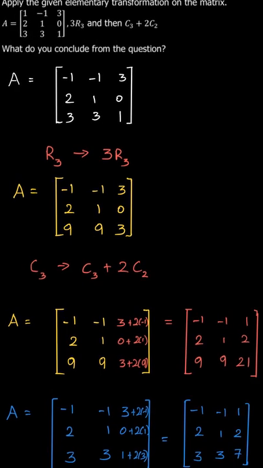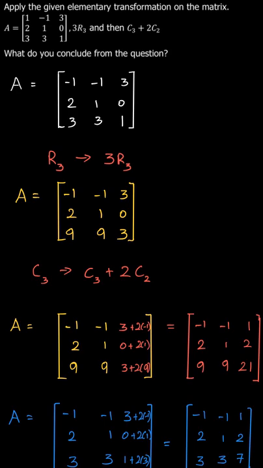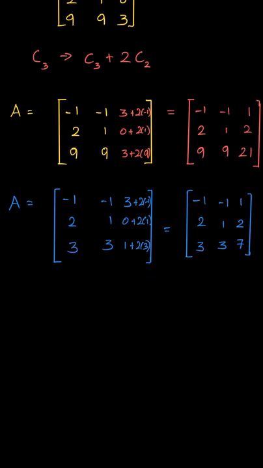After that we will apply R3 changes to thrice of R3. So we will be applying that elementary transformation to this matrix. Therefore A will be equal to the matrix of, other rows will remain same, that is -1, -1, 1, 2, 1, 2.